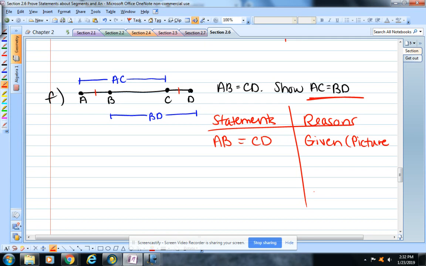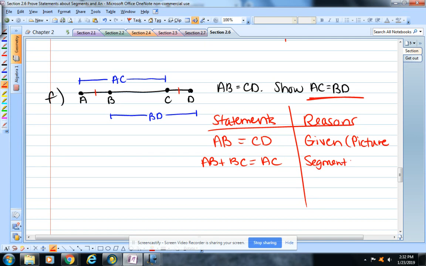Okay. So I'm trying to get to something about AC. So y'all tell me what I can say about AC. It's AB plus BC is AC, right? So AB plus BC equals AC, which is what postulate tells me that?